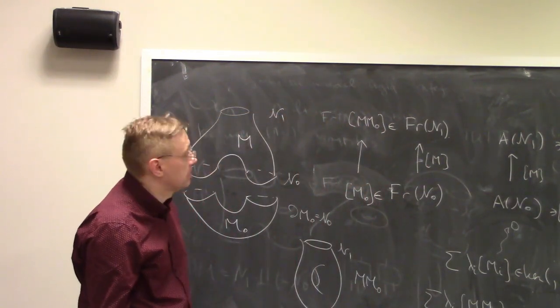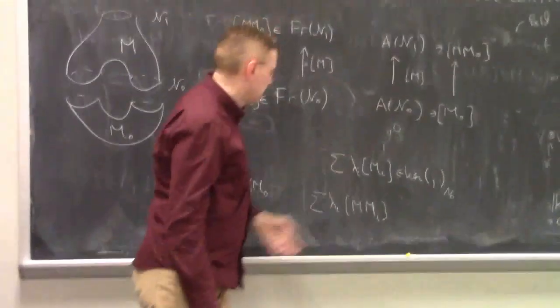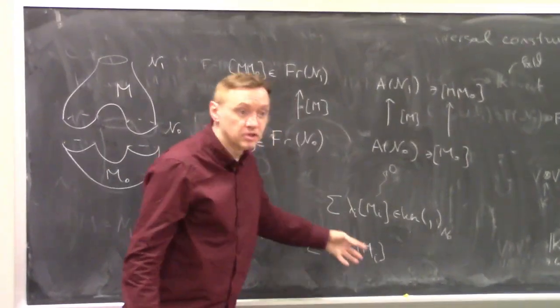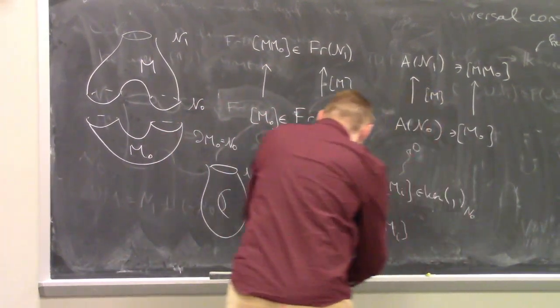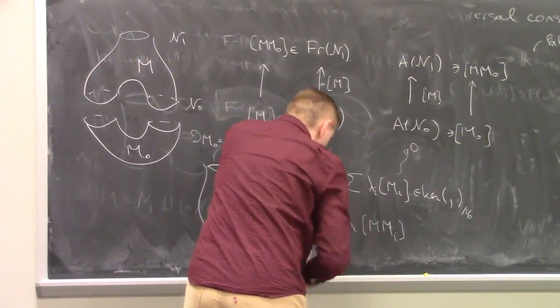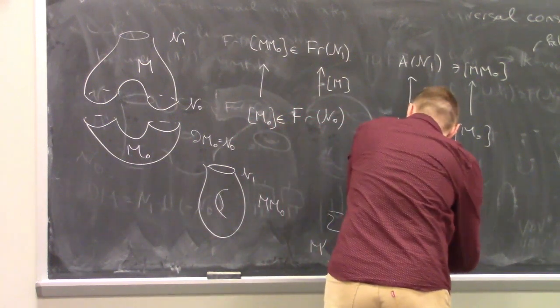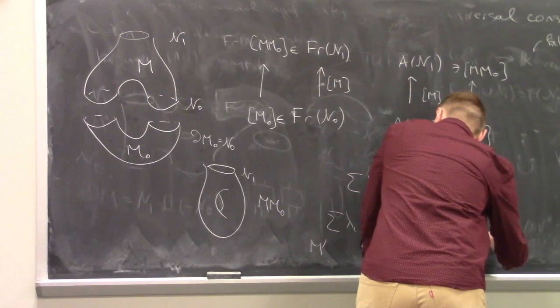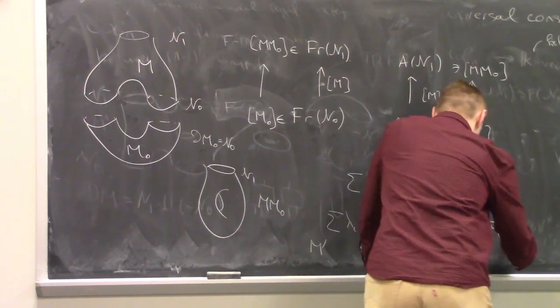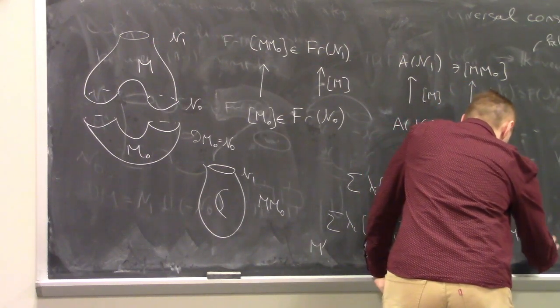Why is it in the kernel of the bilinear form for N1? Well, we need to check that no matter what we attach and evaluate, we get 0. So let's attach something, M tilde, or so-called M prime. We attach it and evaluate, we get some sum of lambda i alpha of M prime bar and M_i.